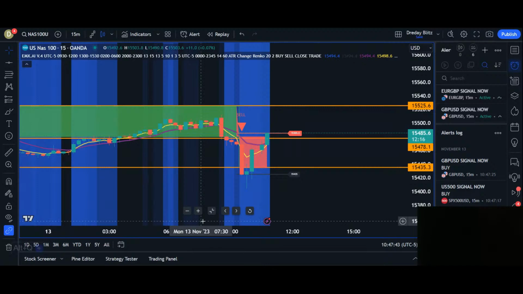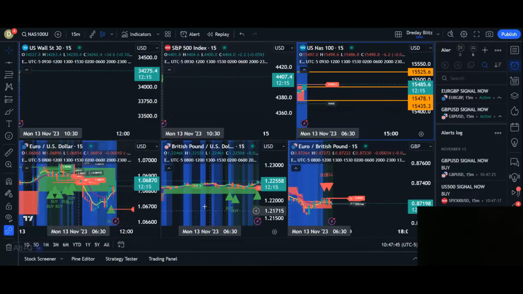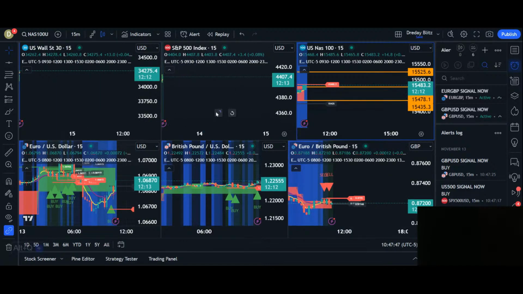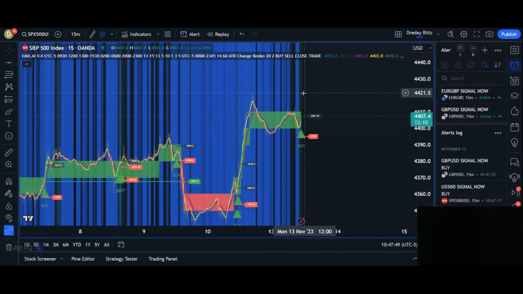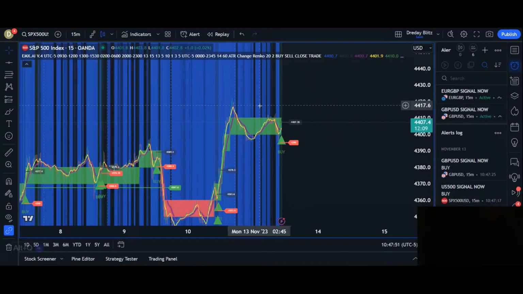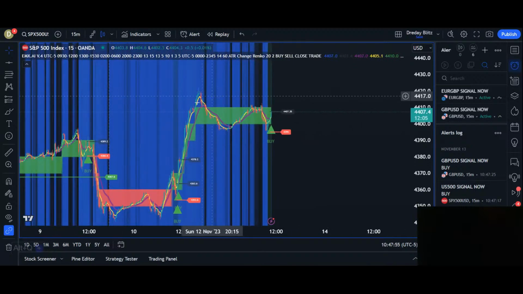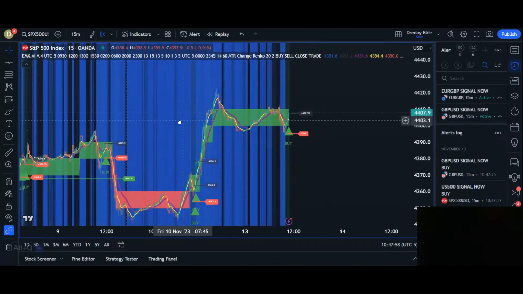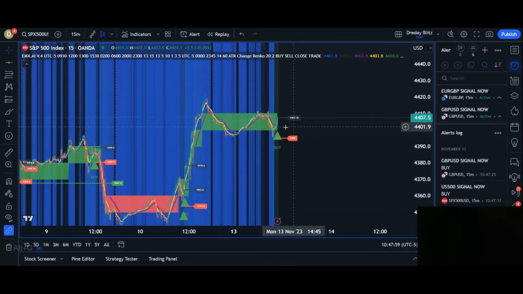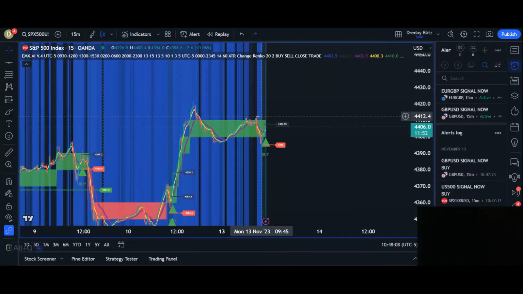Let's look at S&P 500. So it's still bullish here. We're still in the bullish range, and we had a buy here, okay? So the next point of interest is where you put your stop loss.